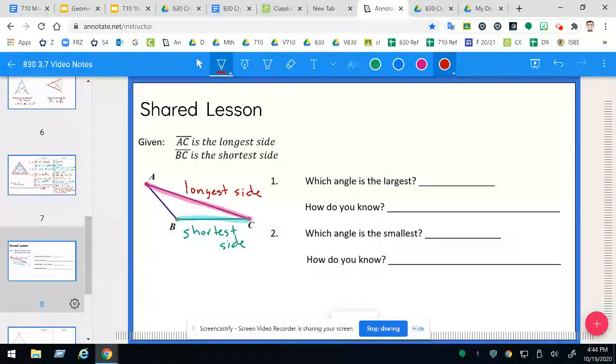If we looked at the angle opposite the longest side, shouldn't that be the largest angle in the triangle? And the answer is yes. So angle B we're going to identify as our largest. And the reason is that it is across from the longest side.